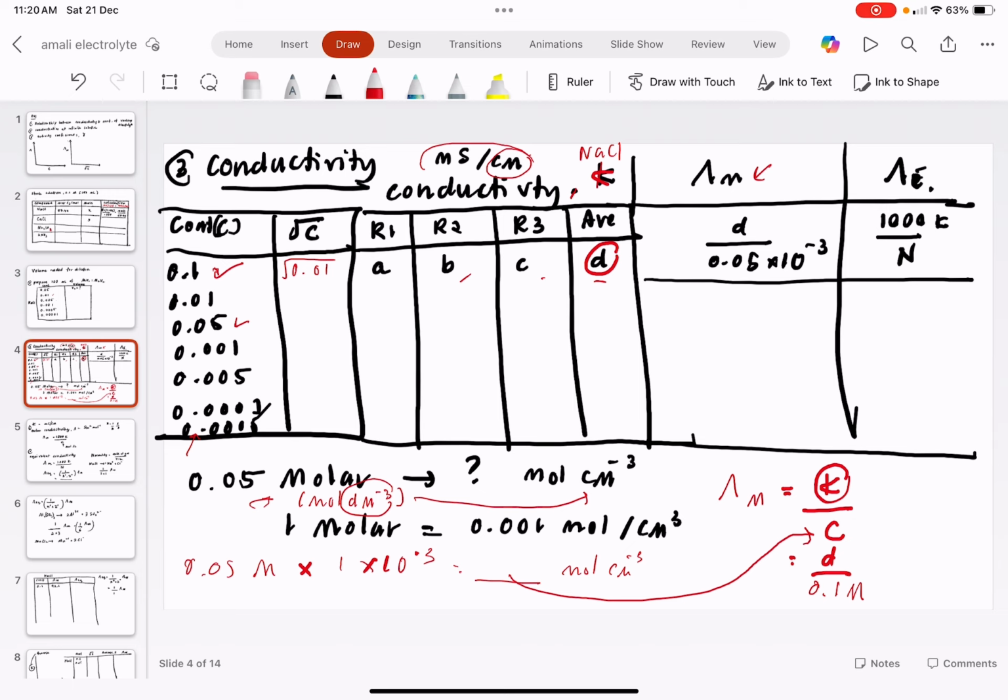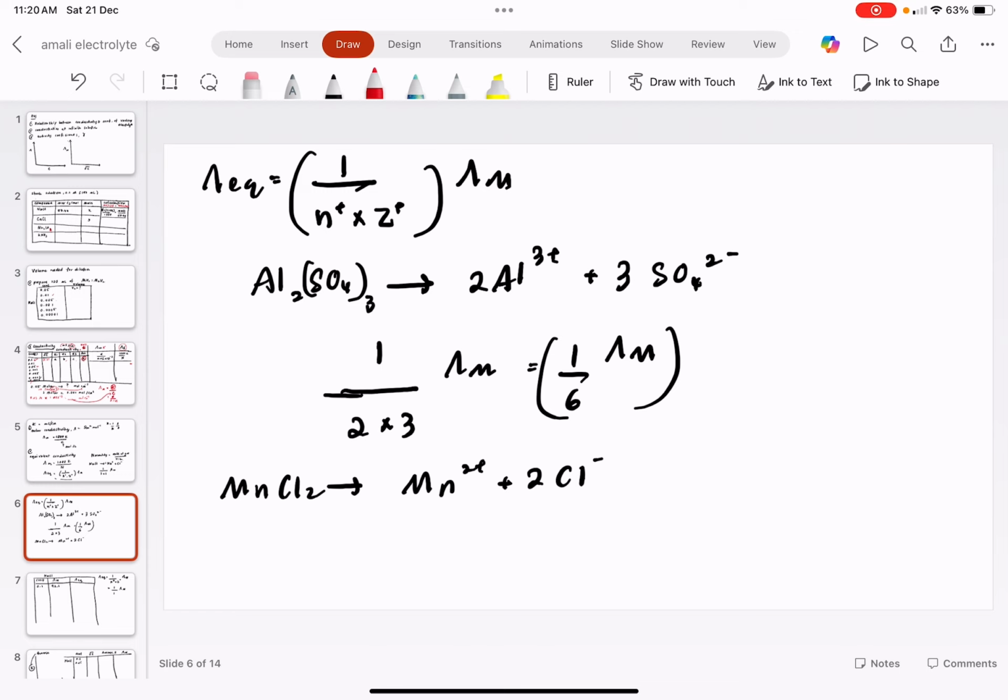Okay, and then in the last column, you have the equivalent conductivity. So how can you determine the equivalent conductivity? This would be the formula: equivalent conductivity is equal to 1 over n times Z, where Z is the charge, times this molar conductivity. For example, I have aluminum sulfate.